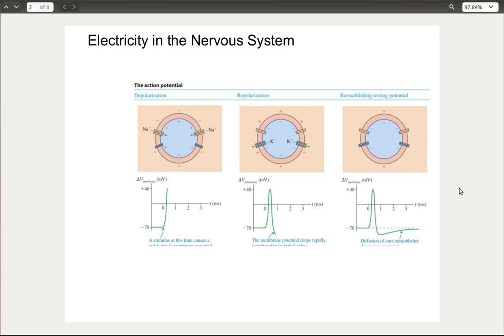Once the electric potential inside is 40 millivolts higher than outside, the sodium channel closes, so sodium stops flowing, and the potassium channel opens, as diagrammed in the middle picture. Potassium will then flow out, reducing the electric potential back to close to negative 70 millivolts.